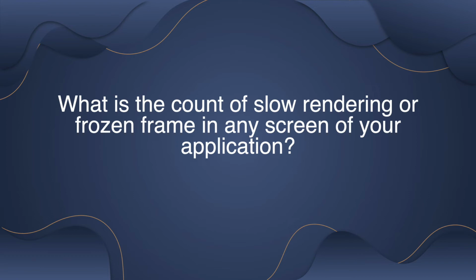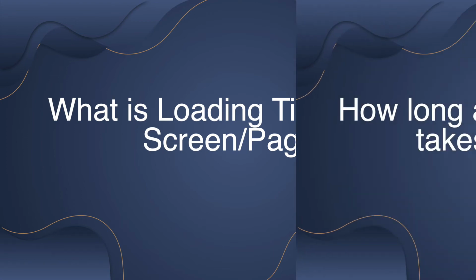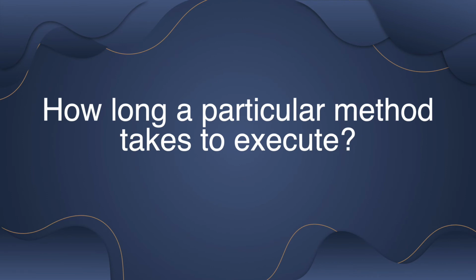The more frozen frames or slow rendering, the poorer the screen design. What is the screen loading time of any page? The more loading time means the user is in a waiting state. And how long a particular method or task takes to execute.